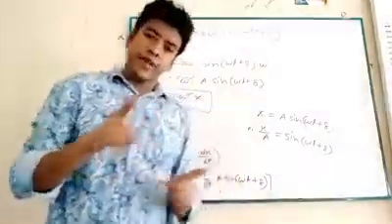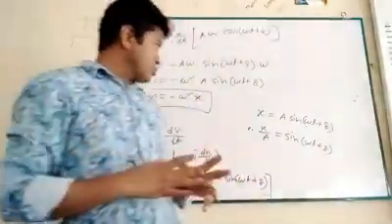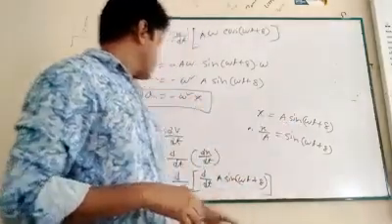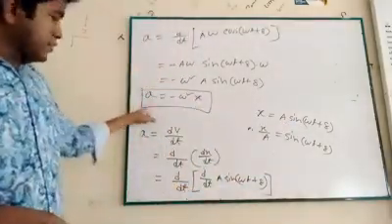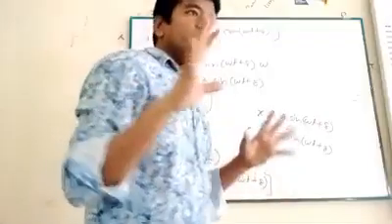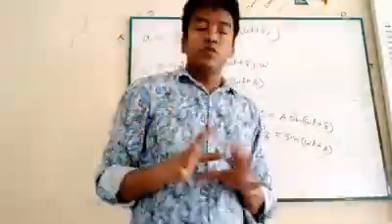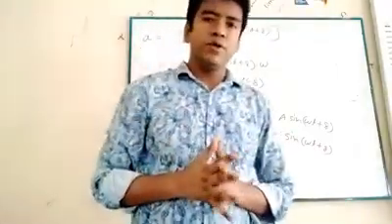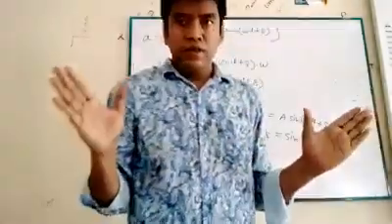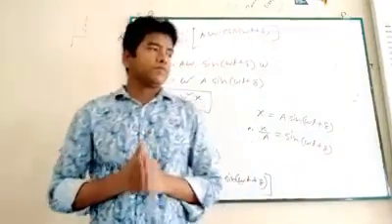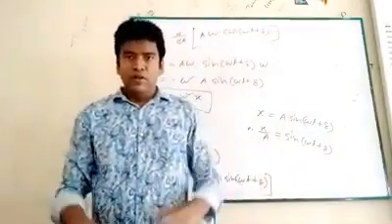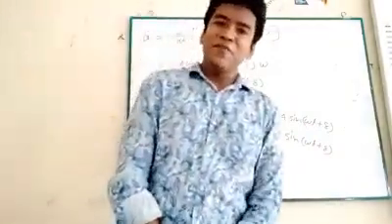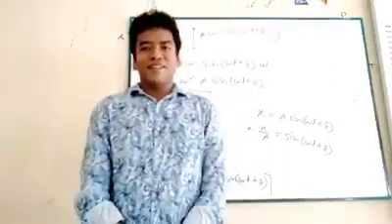These four relations, that means omega equal to square root of k by m, and the equations of displacement, velocity and acceleration, these four equations will be very important when you go to solve the problems included in your books.